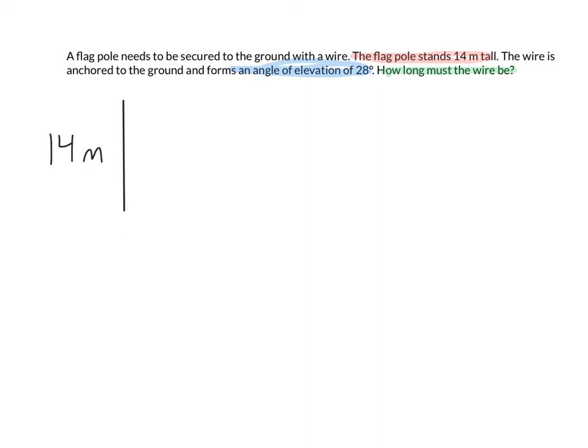We don't know how long the wire is, but we do know that it's going to create an angle of elevation. So, in order to make an angle of elevation, that would mean that it has to go from the ground up. So, we'll draw in our wire from the ground all the way to the top of the pole.